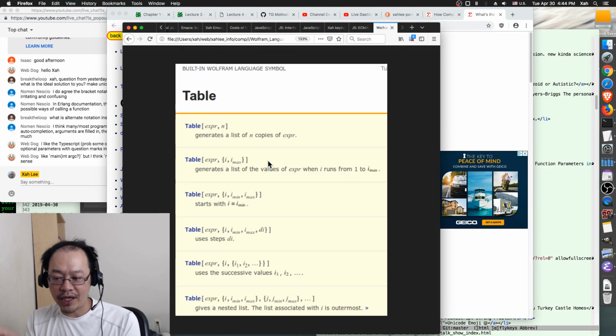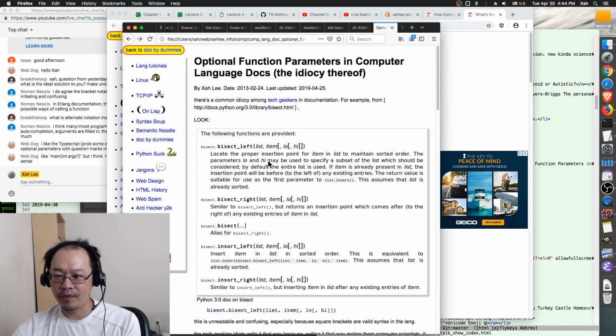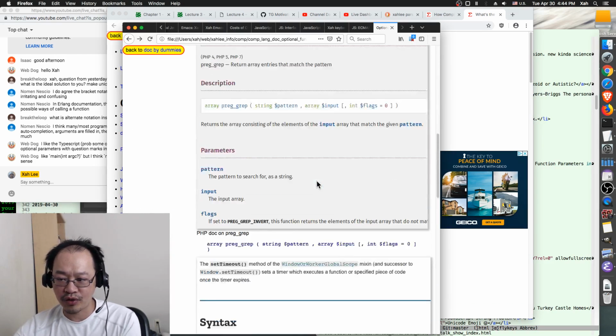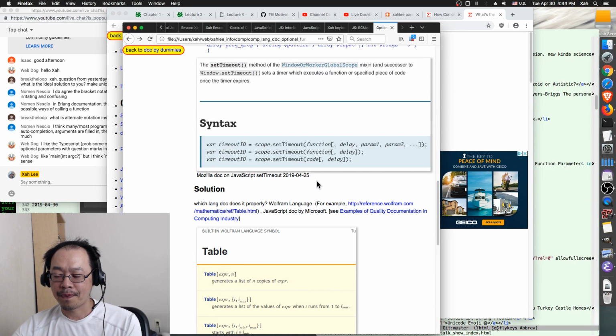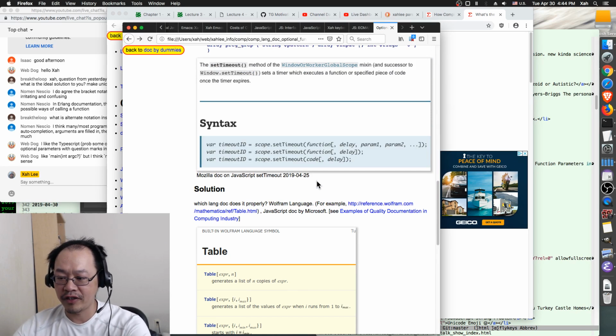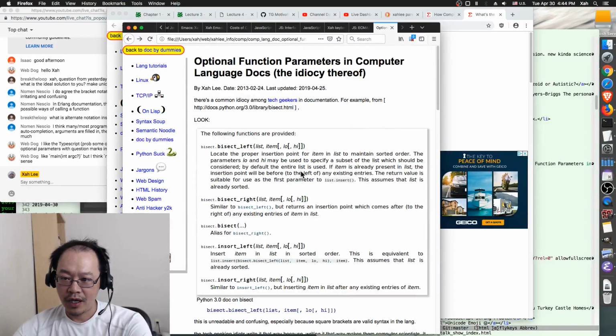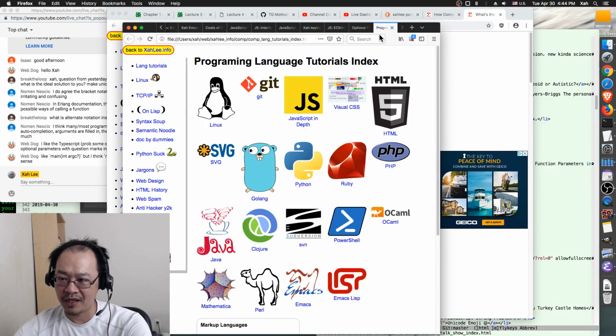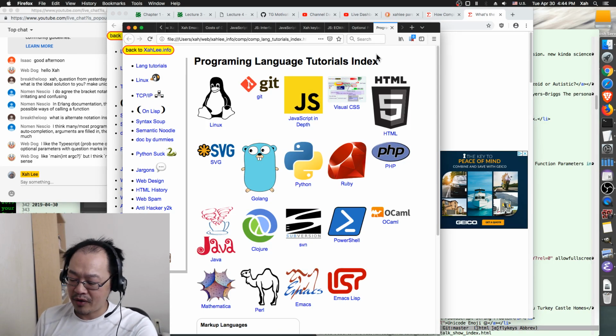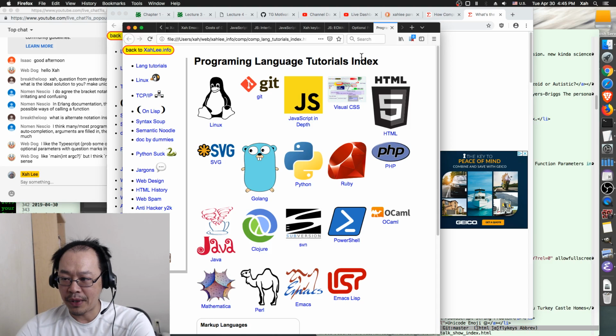So anyway, this is a good example. In my opinion, it's how you should document functions and functions' optional parameters. Now, I write a lot of programming language tutorials, so this issue is important to me because I often need to indicate function parameter specifications.